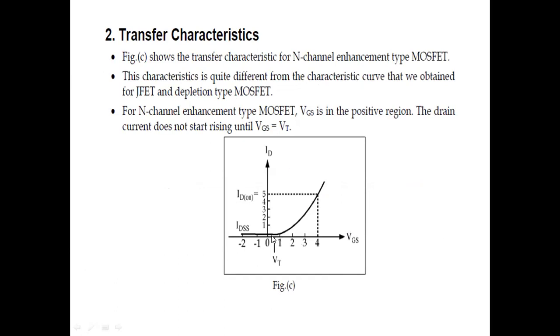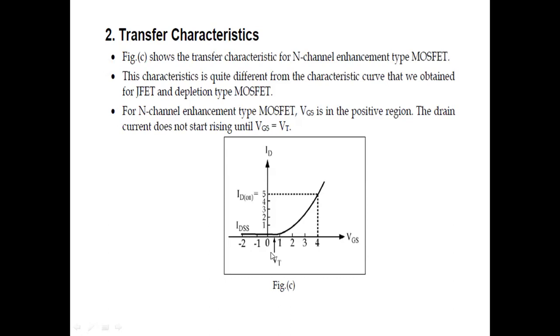Only when VGS is positive does the current ID flow from drain to source. In this characteristics, if the VGS is a negative value, a small current flows through the MOSFET. That current is known as the saturation current, IDSS. It is very negligible. This is if VGS is negative.